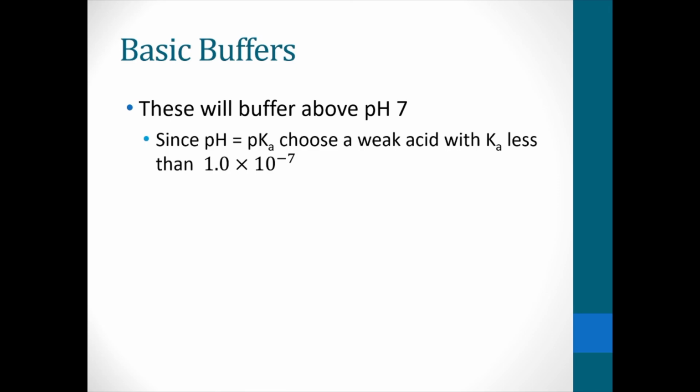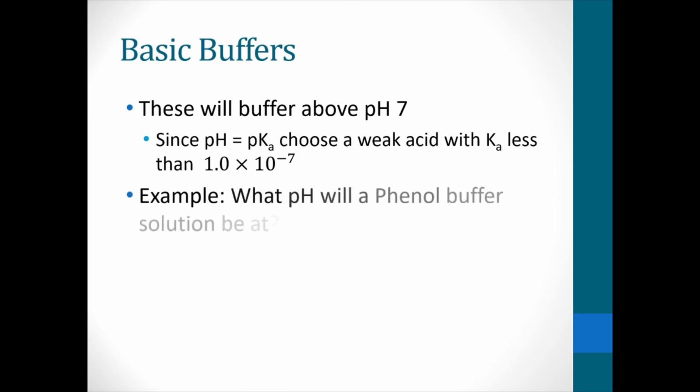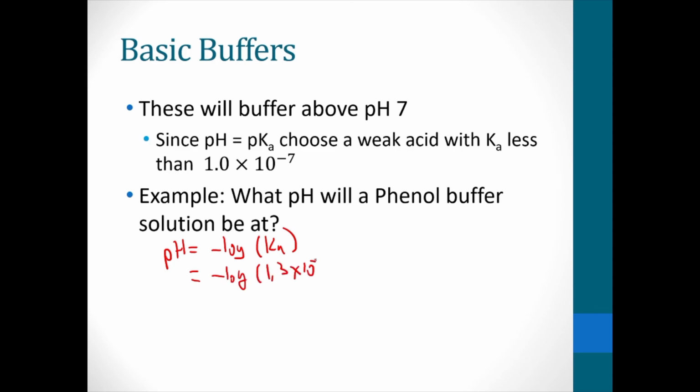So an example: what pH will a phenol buffer solution be at? So again, pH is the negative log of its Ka. Phenol has a Ka of 1.3 times 10 to the negative 10. So this will create a buffer solution with a pH of about 9.9.